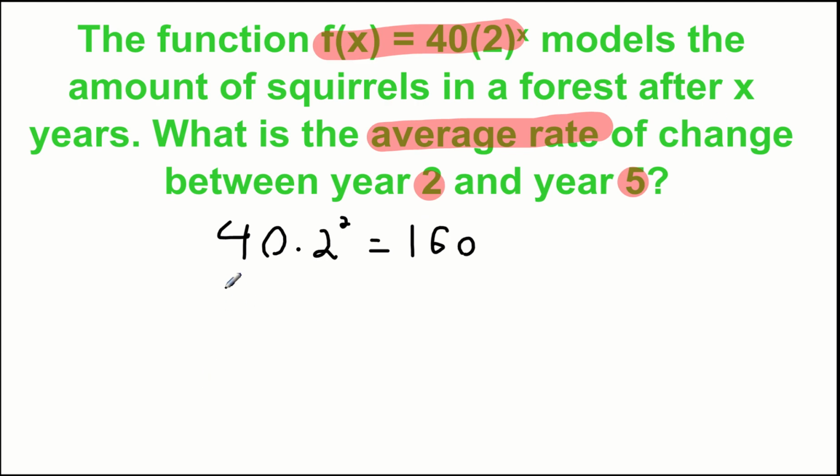Do the same thing with the 5. I got 40 times 2 to the fifth power. 2 to the fifth power is 2 times 2 times 2 times 2 times 2. That is 32. So we got 40 times 32.